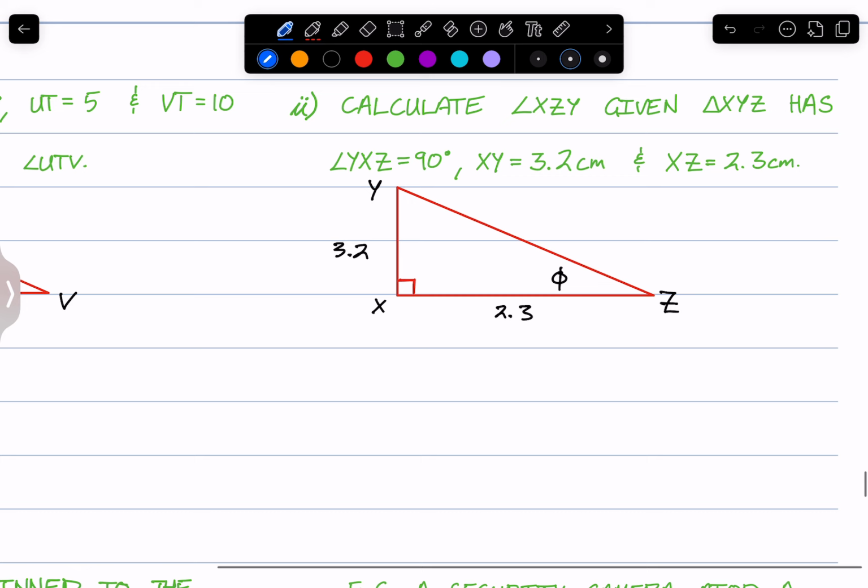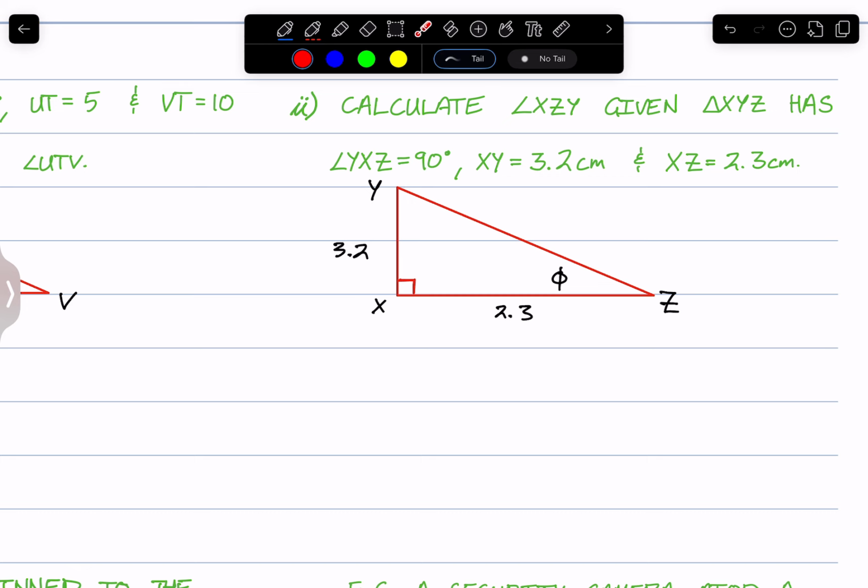And now it's just a matter of determining is this sine, cos, or tan. Well, in this instance, we have no hypotenuse, but we have the opposite and the adjacent. So this is going to be tan.